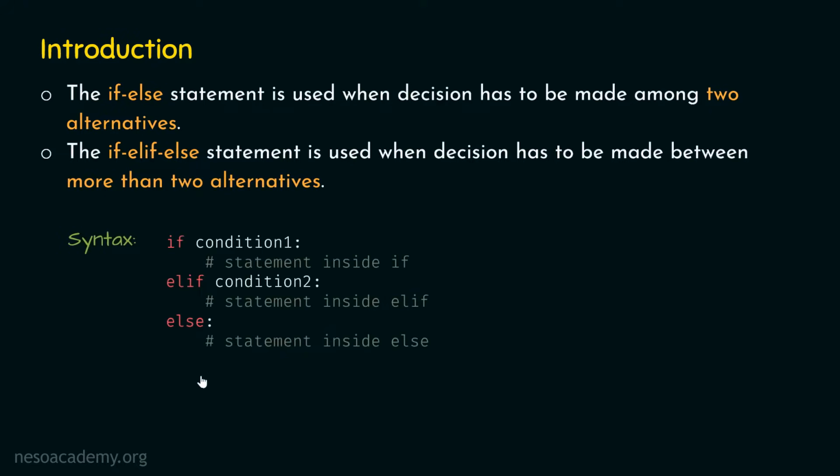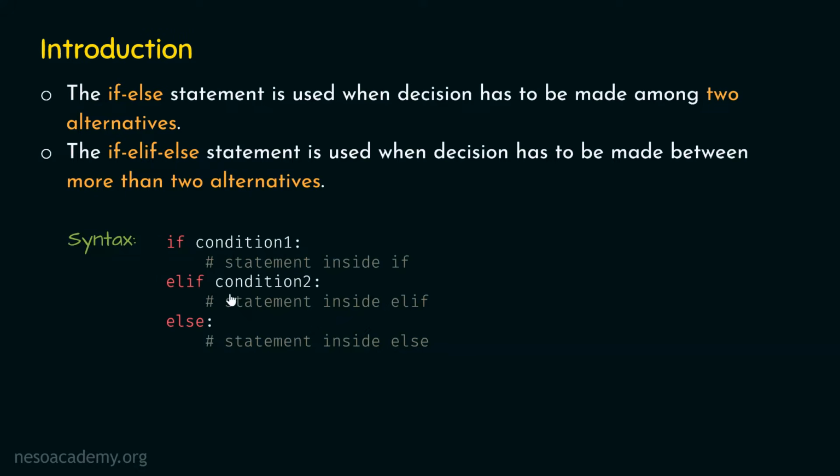The syntax looks like this. If condition 1 is satisfied, then the statement inside if will be executed. This is the usual check. We are well aware of this. Else if, or in Python we say elif. The keyword is elif. We can call this else if.